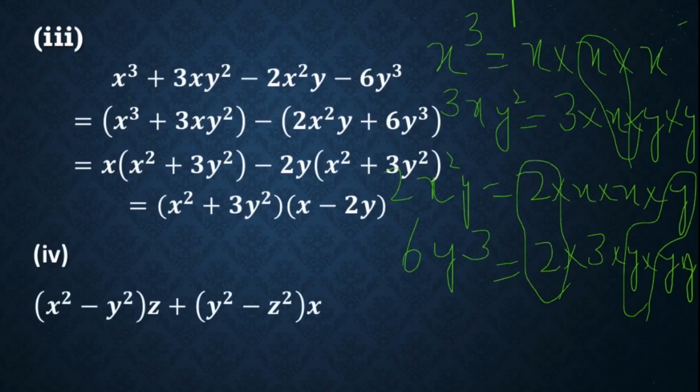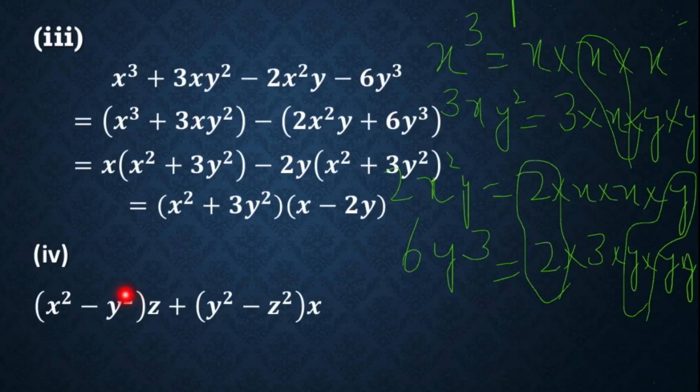Moving toward part number 4. Number 4 is x square minus y square times z plus y square minus z square times x. Now this is the same question as this one, but there is an additional step. Which additional step? We have to multiply x square with z and y square with z.